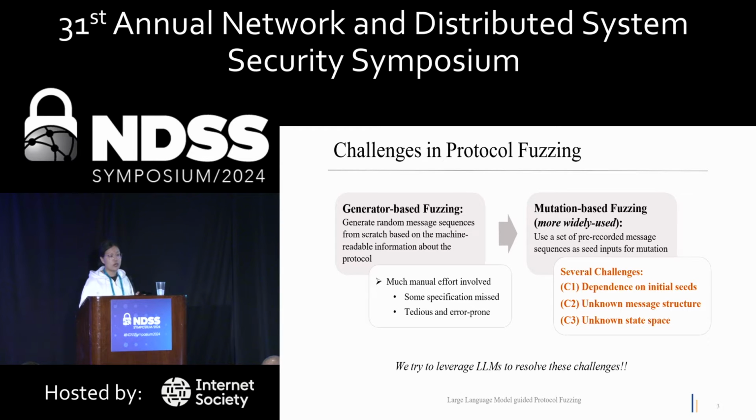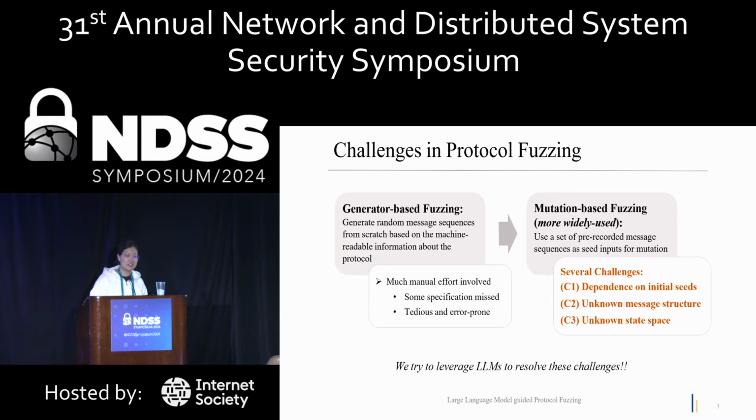But obviously, this approach incurs much manual effort. Actually, we have such experience: we tried to extract the state machine information and the message structure information to construct the ground truth in our case study. We spent several hours reading one document, and the whole process is very tedious.